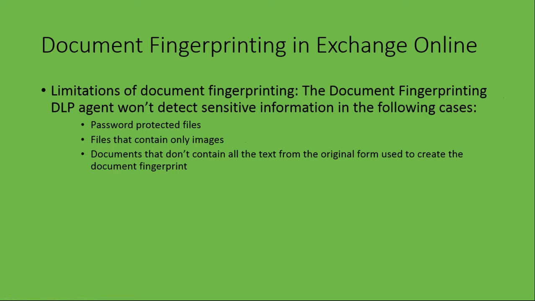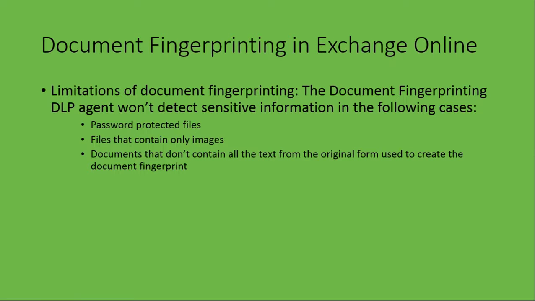Okay. Now there are some limitations in document fingerprinting policy of Exchange Online. The first limitation is that if a person attaches a file in the email and that file is password protected, then the policy cannot read the text of that attachment, and hence cannot know whether this document is stored in my policy.